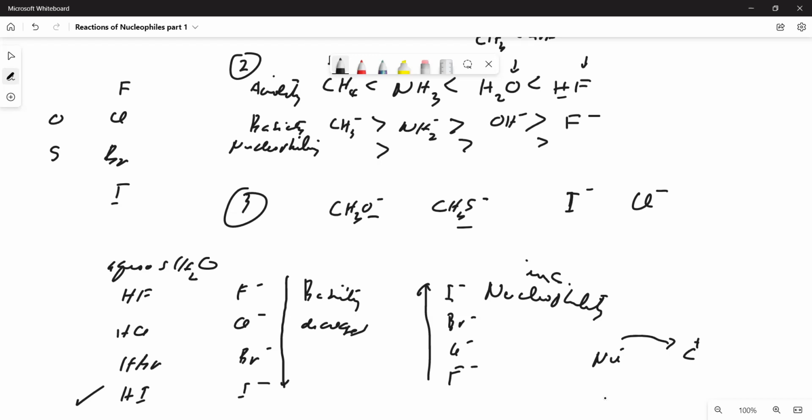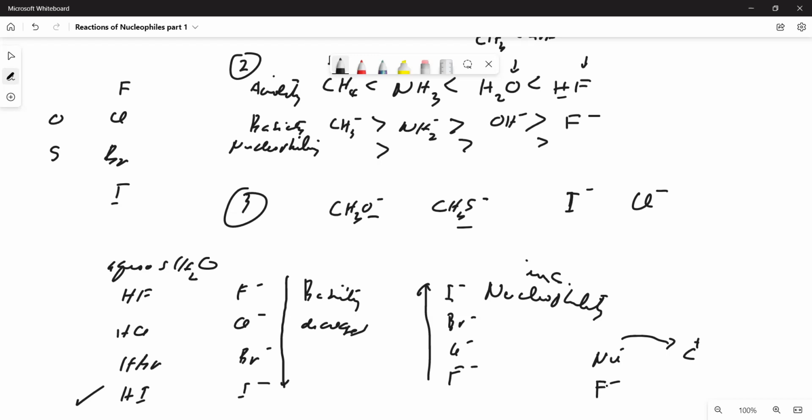So the fluoride is the strongest base. So why is it not the strongest nucleophile?